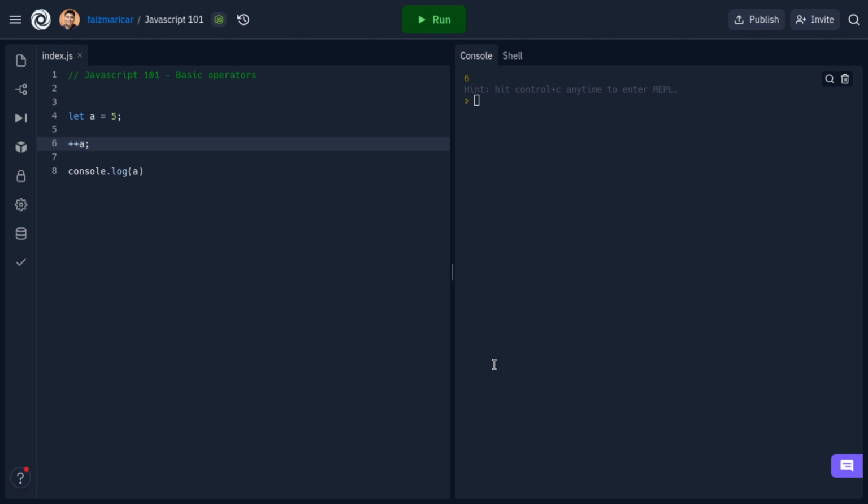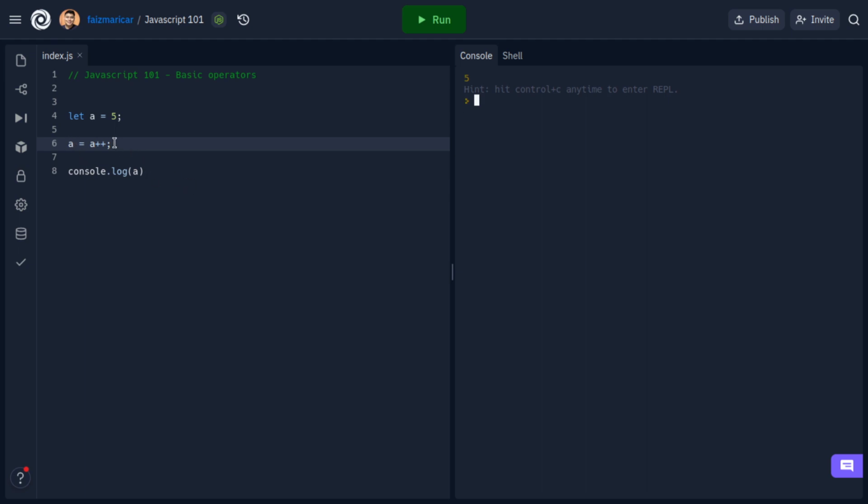So if you reassign this incrementation here, a = ++a, if you run this, you get 6. But if you put it the other way, a = a++, you will get 5, because what happens here is that when you assign it back to a, it assigns the value of a, which is 5, into a again.